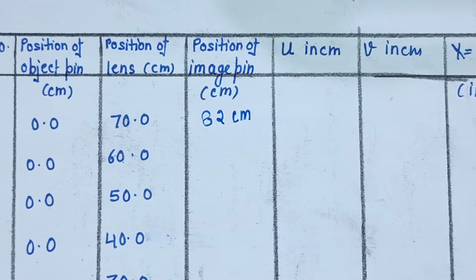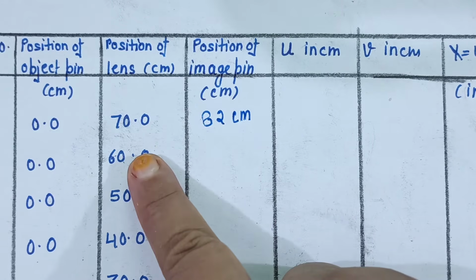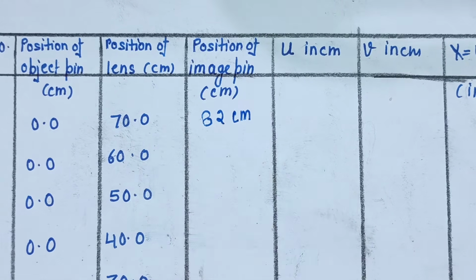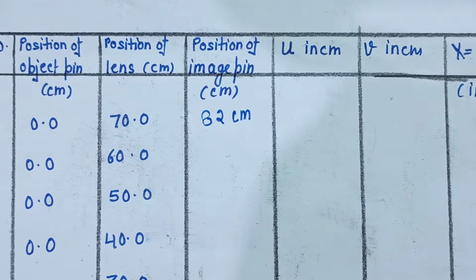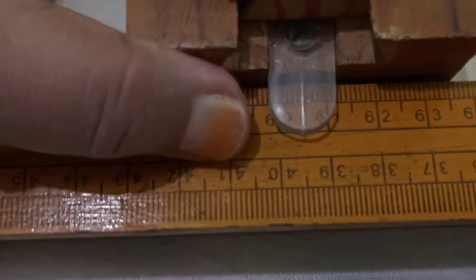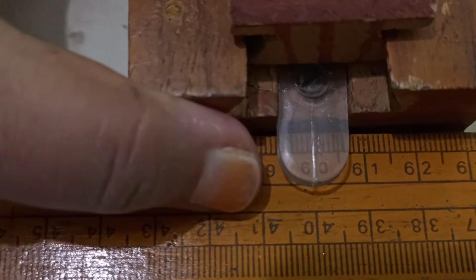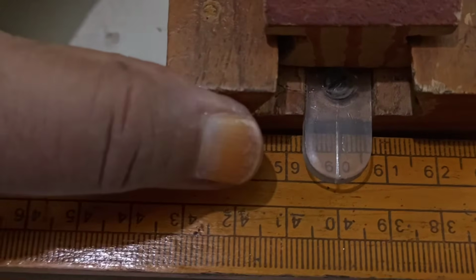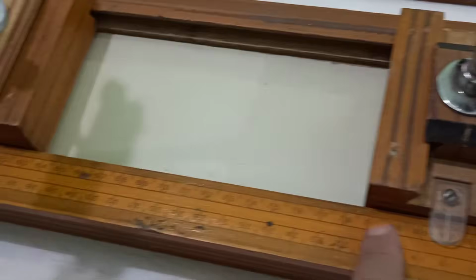And now we have to set the lens at 60 and again we have to remove the parallax. Now let me keep the lens at 60. Object pin is at 0, lens is at 60 and again we have to remove the parallax by shifting the image pin in this region.